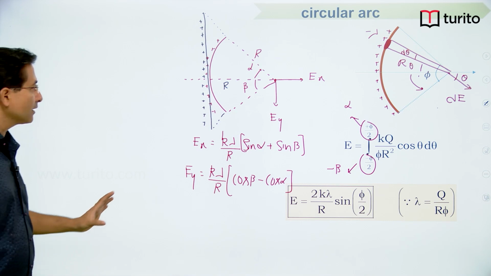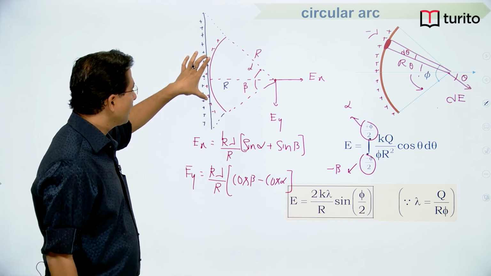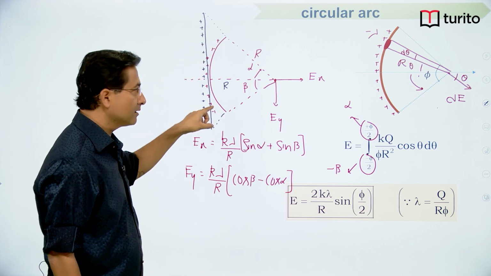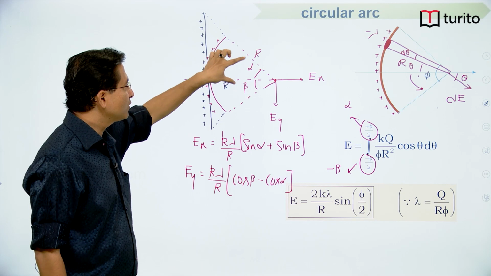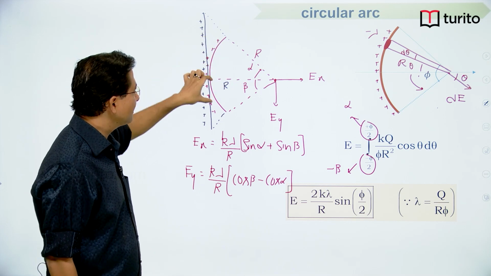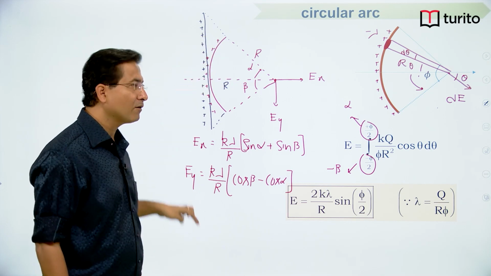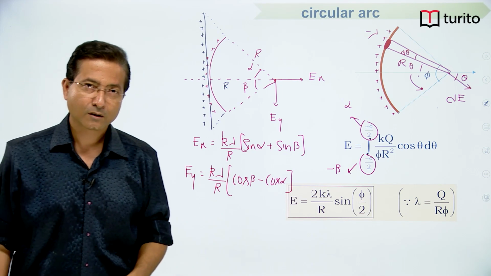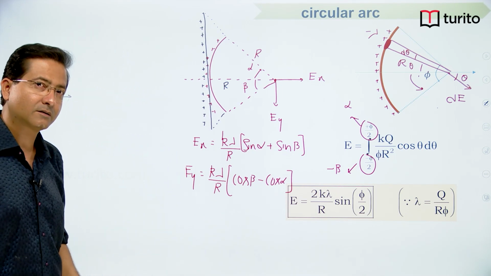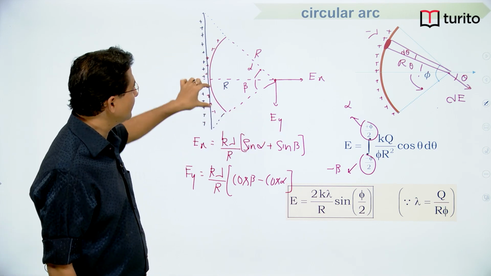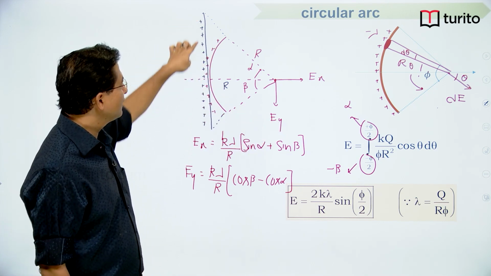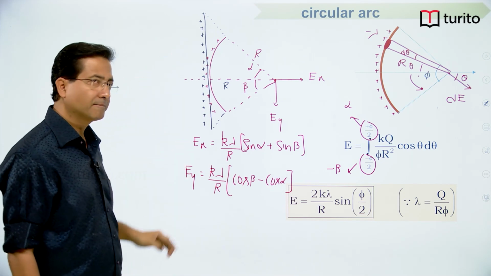So for applying the formula for a ring, where these two angles are not the same, you can make them straight and you can apply the formula for a straight wire, or you can do the reverse, right. If you can remember the formula for this one, make this straight and make this straight, you can apply the same formula for this wire.